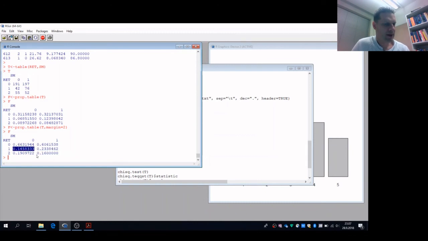But then again, if we go to the severe retinopathy, then it goes really another way around, these conditional relative frequencies.